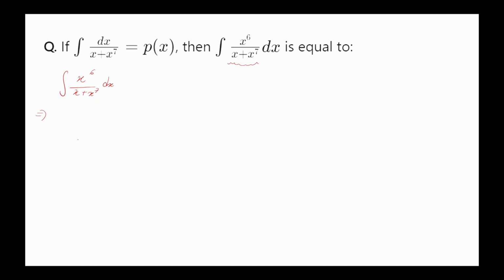So what am I saying is that I'm writing this as x to the power 6 plus 1 minus 1 upon, I've taken x common, so this would become 1 plus x to the power 6 dx. Now I can separate out my two terms, so this can be written as 1 plus x to the power 6 upon x times of 1 plus x to the power 6 minus of integration 1 by x times of 1 plus x to the power 6.